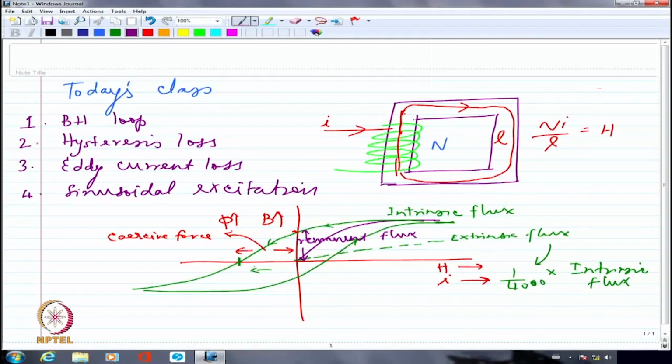So it is manifested in the form of an energy loss, which is known as the hysteresis loss. Hysteresis loss is due to the fact that we have a ferromagnetic material in the form of a core, and it has certain domains which are obstinate, and we are spending enough energy in aligning and realigning them over every cycle.